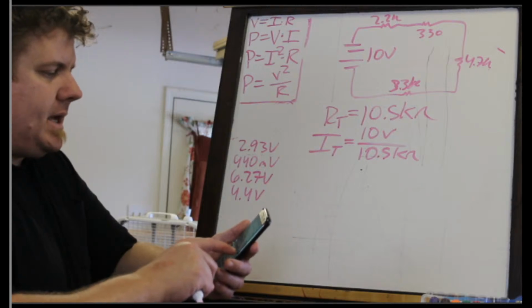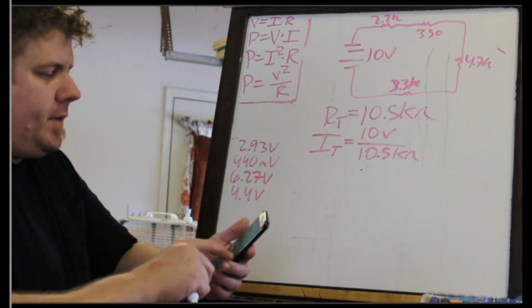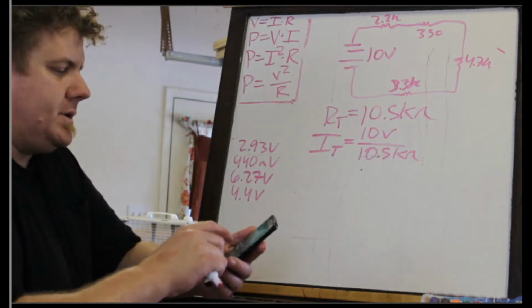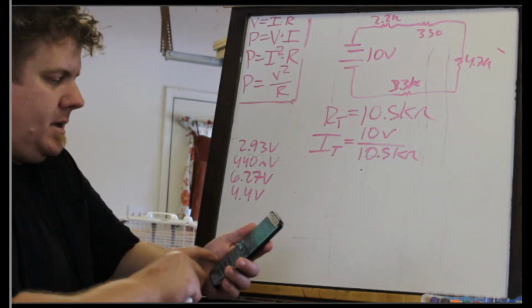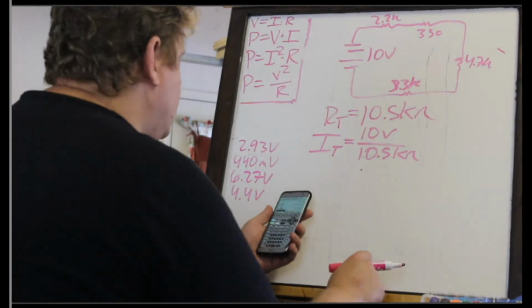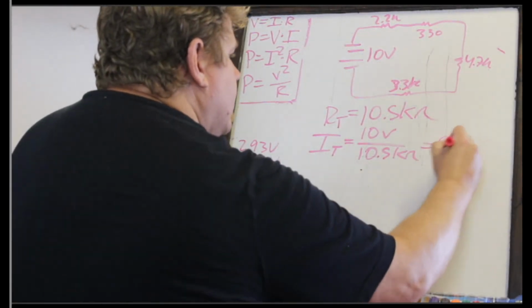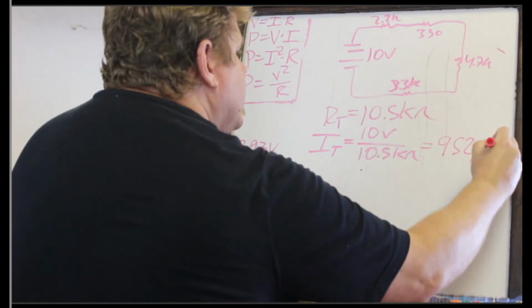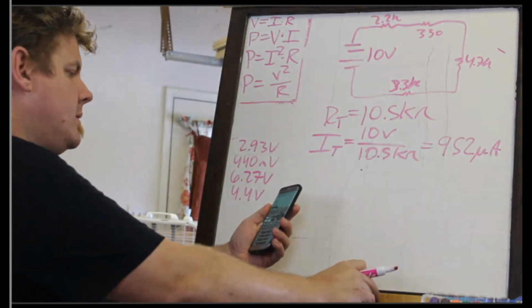No, I get something in micro because the ratio of 10 over 10.5 is less than 1. So yes, this is in micro. Okay, so 952 microamps.